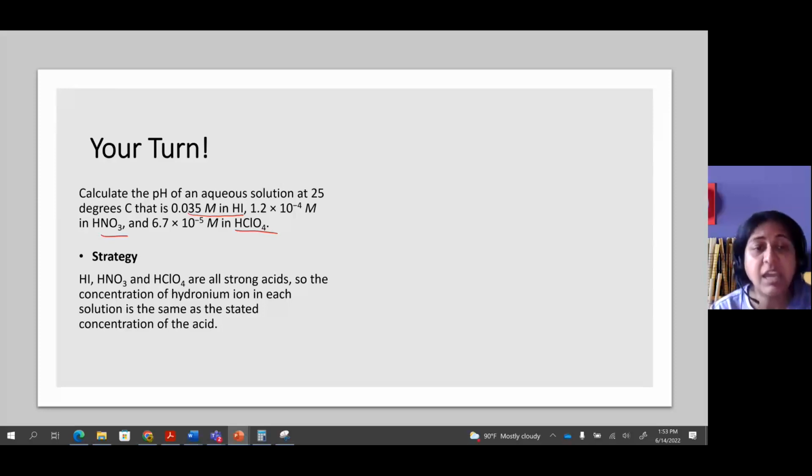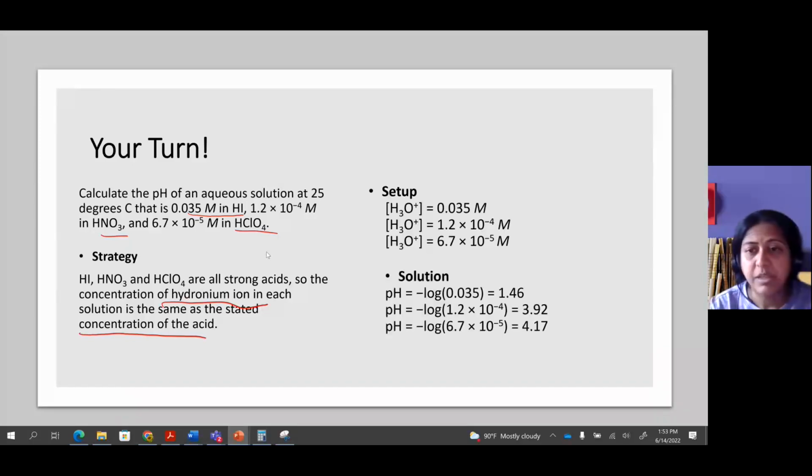Yes, HI, HNO3, and HClO4 are all strong acids. Therefore, the concentration of the hydronium ion is equal to the initial concentration of the acid.